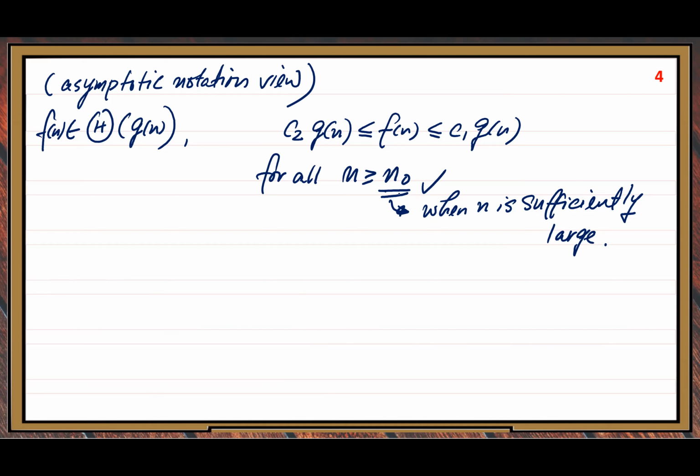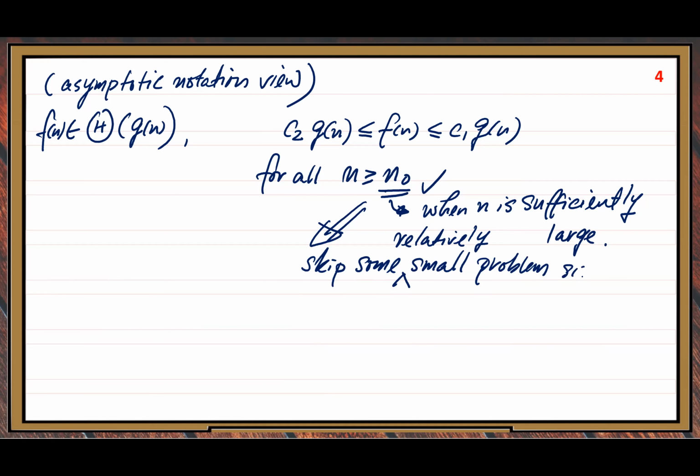So why do we have this condition? This condition tells us we can skip relatively small problem sizes. Why skip?